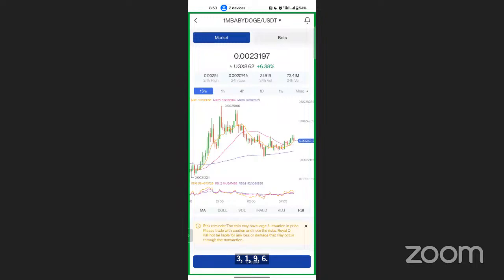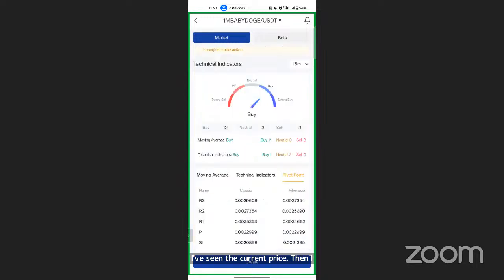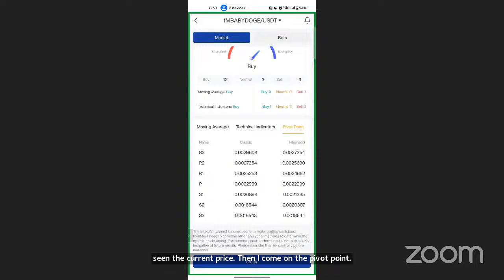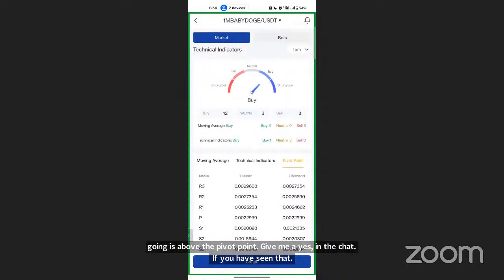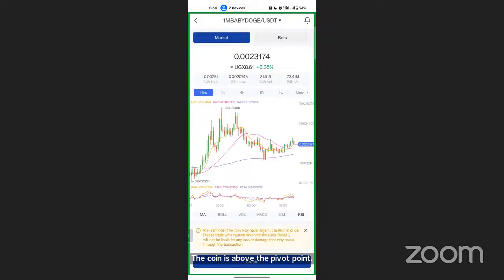Then I come to the pivot point. The pivot is 0.0022999. So it means that the coin is above the pivot point. Give me a yes in the chat if you have seen that. The coin is above the pivot point.